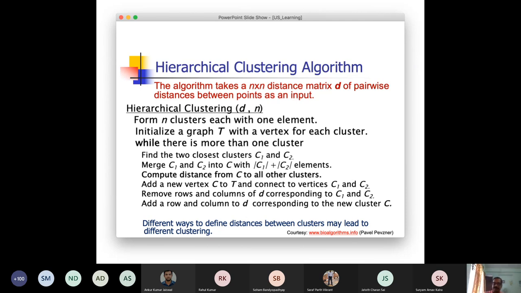Your matrix dimension will be reduced by one row and one column at every stage of merging. In this way, you reach the root node, where your matrix dimension will simply be 1 by 1.